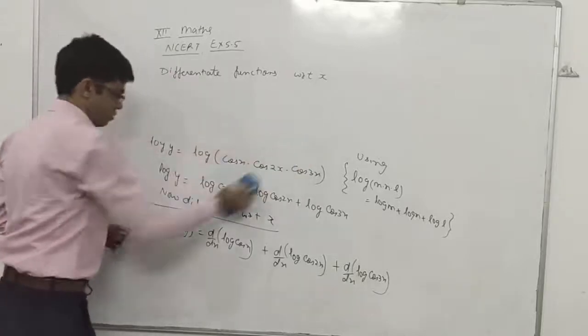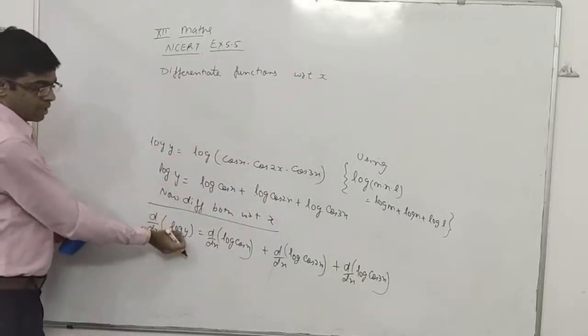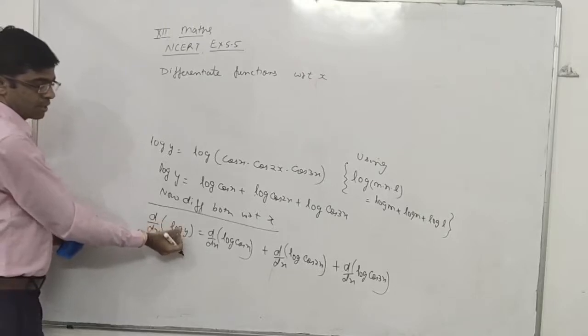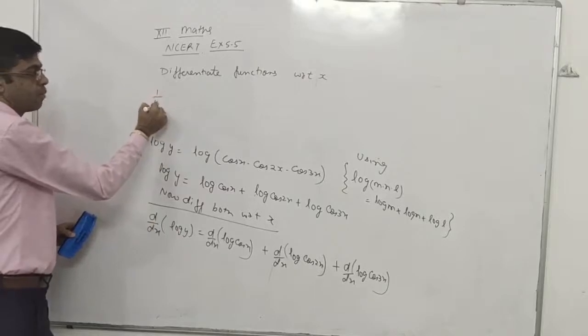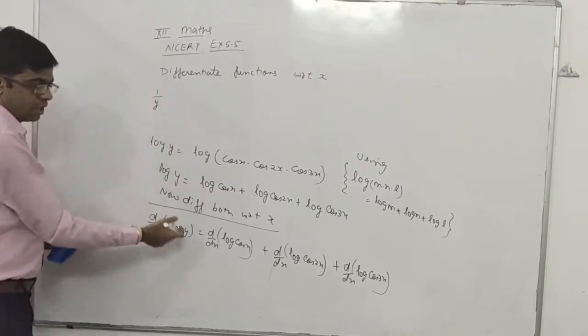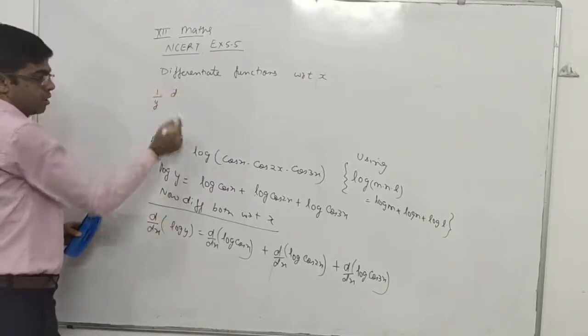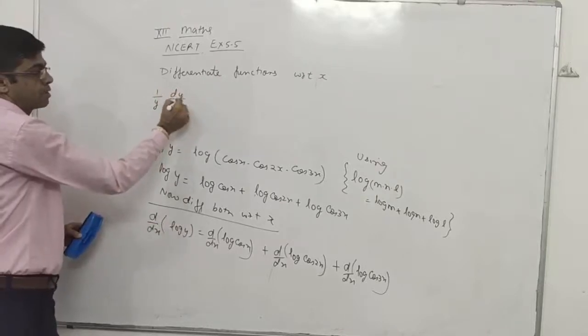Now, what is the differentiation of log x? That is 1 upon x. So it will be 1 upon y. Now with the chain rule we will differentiate y with respect to x.